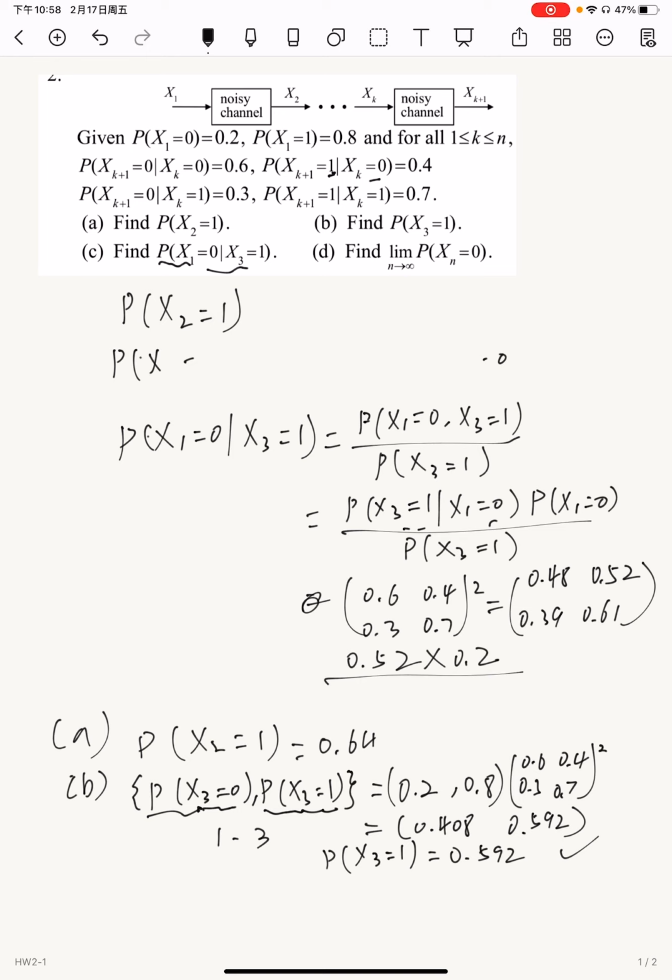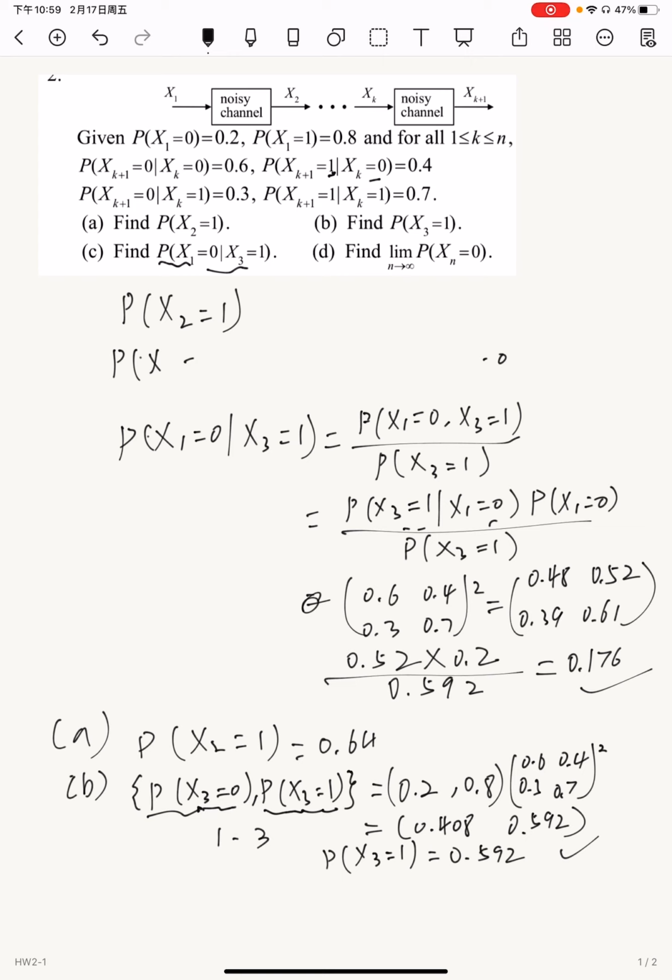We know that x3 equals 1 is 0.592. So we can calculate the output is roughly equal to 0.176. So we have solved problem C.